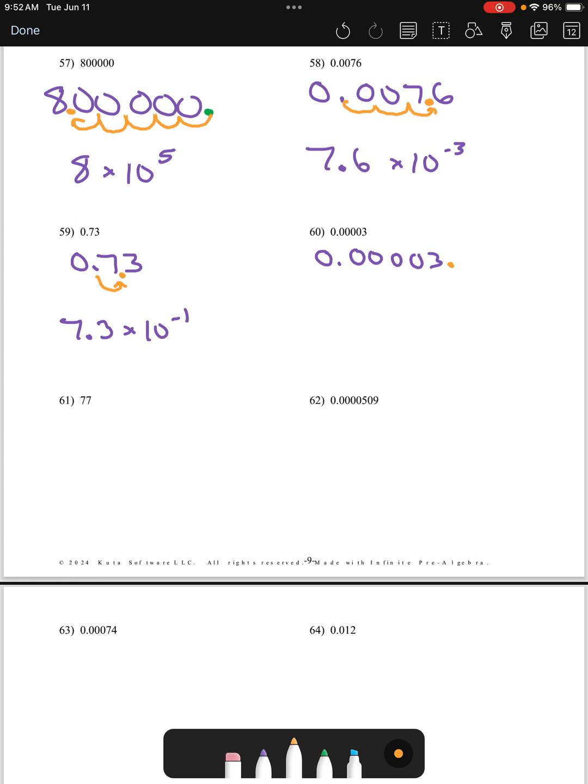In number 60, the decimal point currently has 0 to the left of it. I have to move it all the way to the end to get something other than 0 on the left side of this 3. That is 1, 2, 3, 4, 5 moves. So I have 3. There's nothing after the 3, so it's just 3, times 10 to the negative fifth.